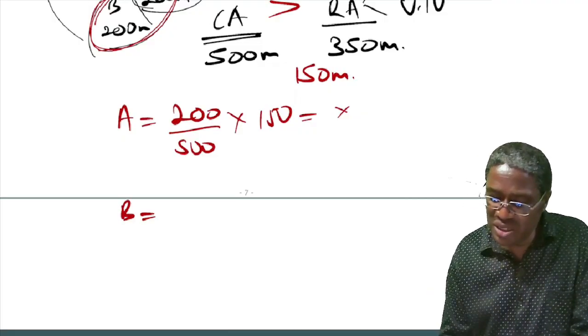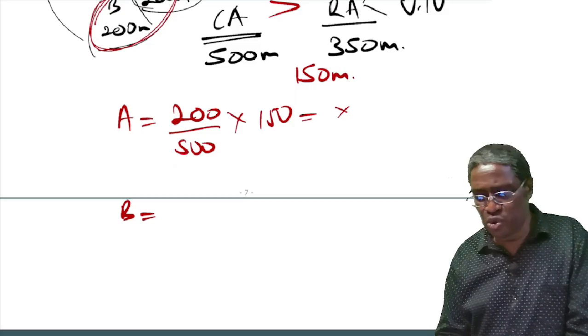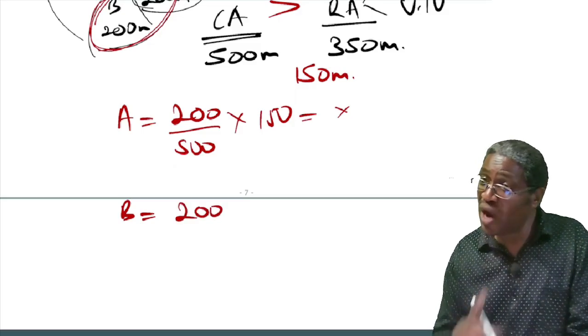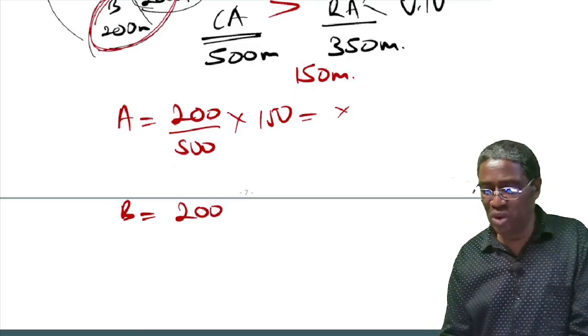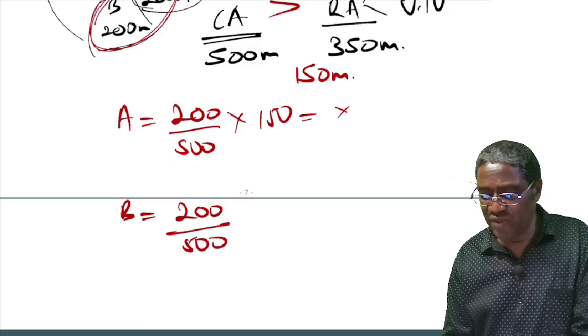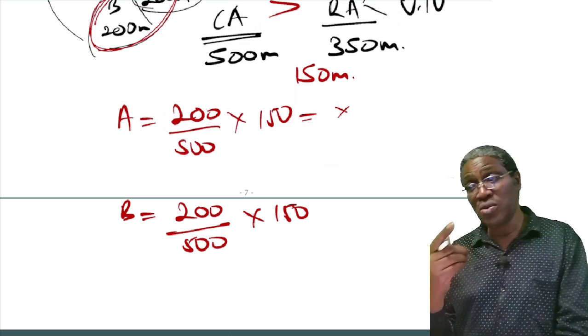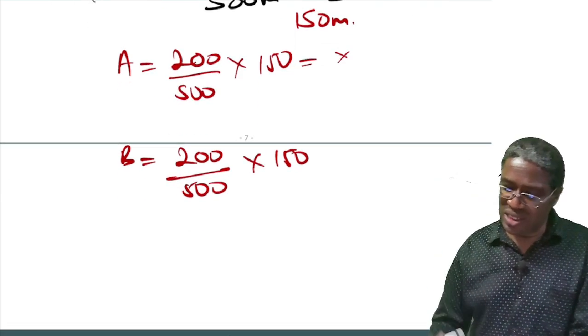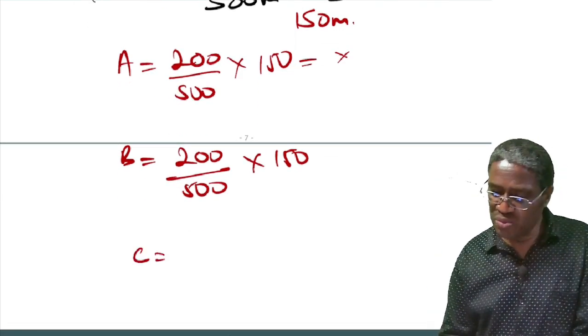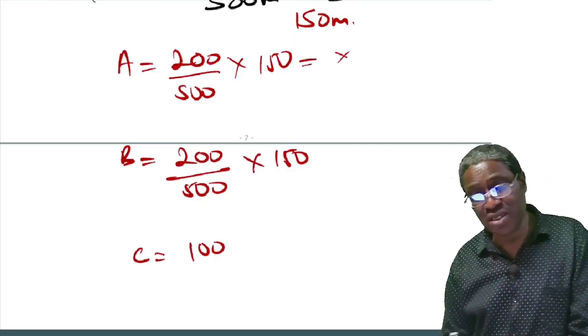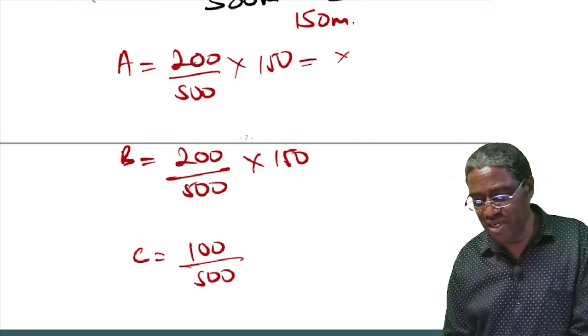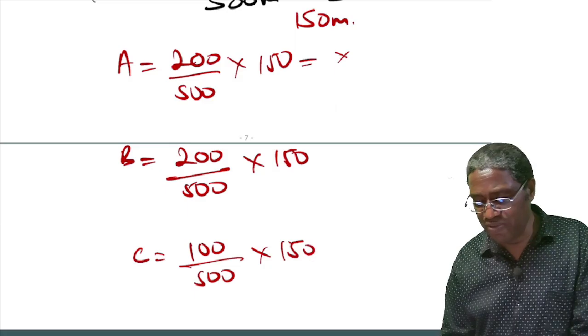Against asset B, which had again a carrying amount of 200, how much do I write off out of the 150? It will be 200 divided by the total of 500 times 150. That's how much asset B will suffer. Against C, it had a carrying amount of 100, divide that by 500, multiply that by 150.